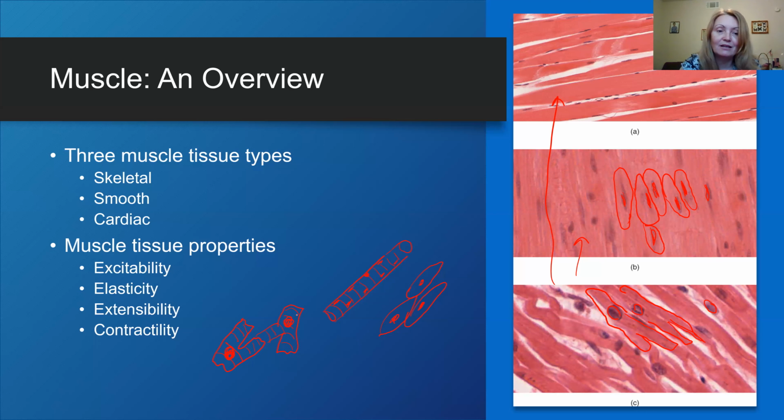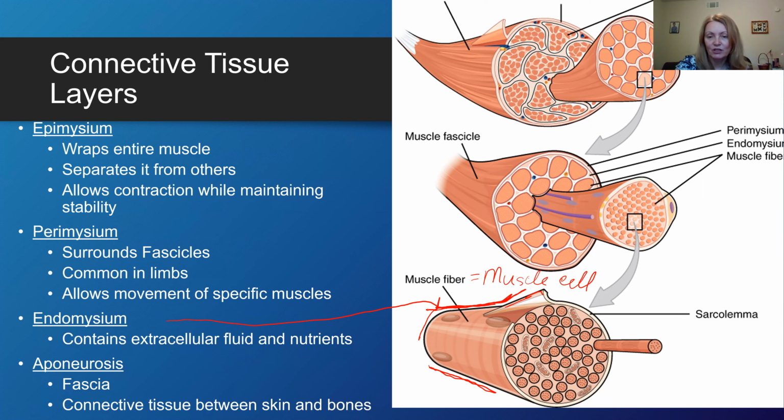But what would cover this muscle cell? I would have a covering on top of it, right? And this covering is connective tissue, and it's called endomysium. I guess endomysium is just not shown on this diagram. Endomysium contains extracellular fluid and nutrients.